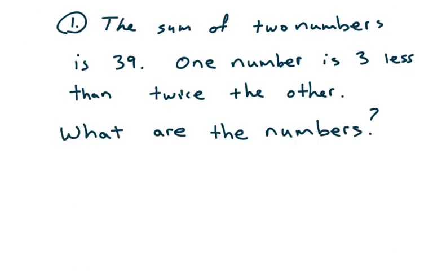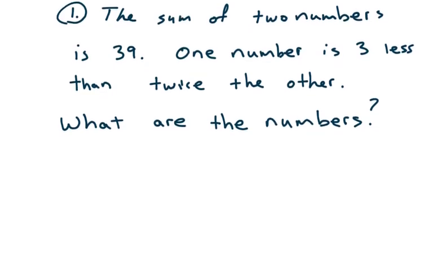So let's look at this next question here, and this is a good example of something that you could see. The sum of 2 numbers is 39. One number is 3 less than twice the other. What are the numbers? Okay. Now, I'm going to preface this by saying this section uses some more advanced math than we've necessarily covered thus far. I mean, this is only the second lesson. So if you feel overwhelmed, do your best.